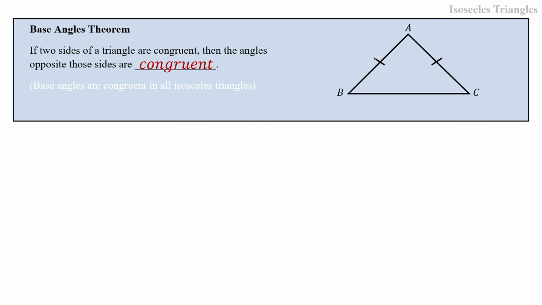The angle opposite of side BA is going to be that one right there, and it's going to equal the angle opposite of side AC, which, remember, opposite means looking away from it, on the other side, would be angle B there. Base angles are congruent in all isosceles triangles. So anytime you see an isosceles triangle, not only will two sides always be equal, but every single isosceles triangle also has two congruent angles.